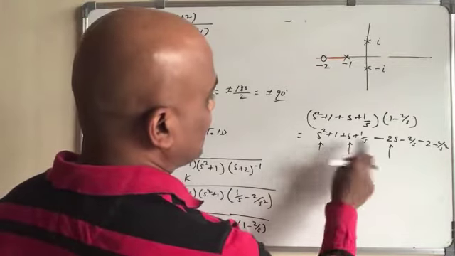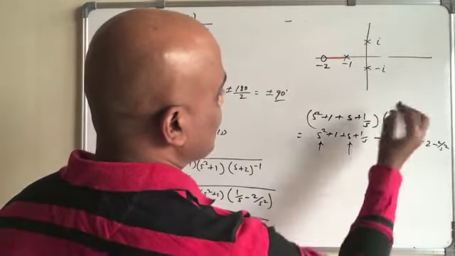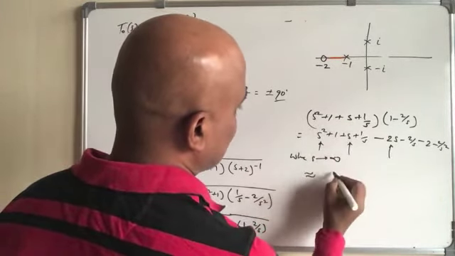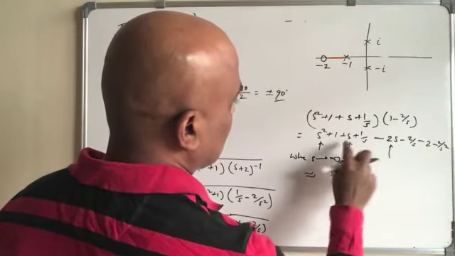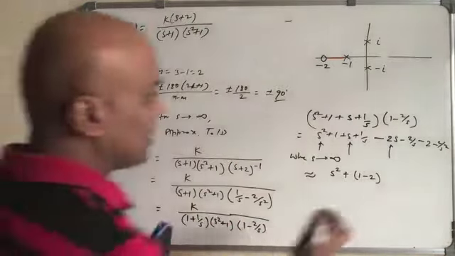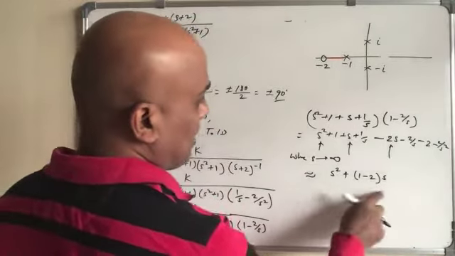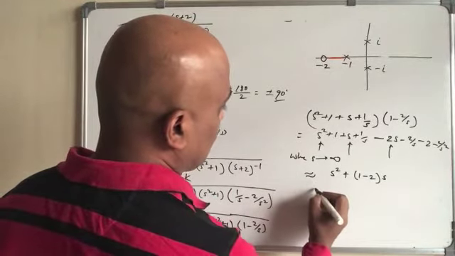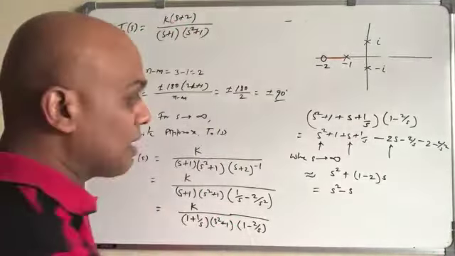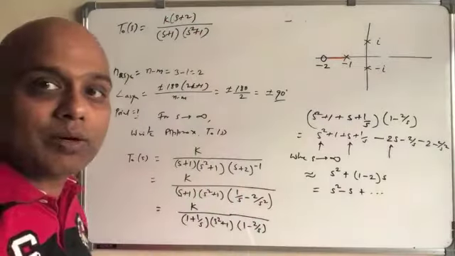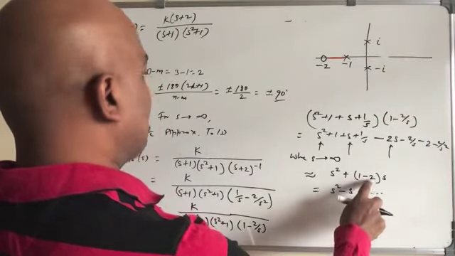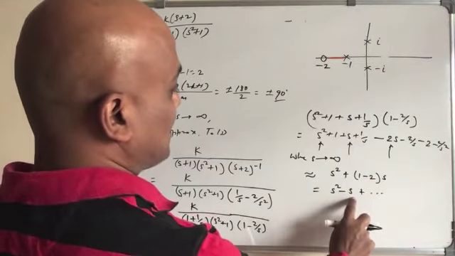The others we can neglect, the constant term and the 1 over s term, because when s tends to infinity, we can have this equal to s square plus 1 minus 2s, which is equal to s square minus s plus more terms here.